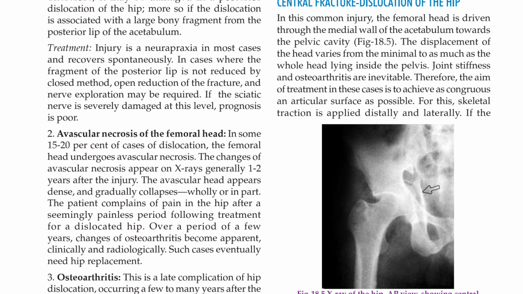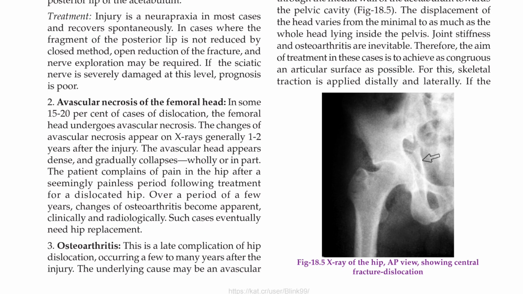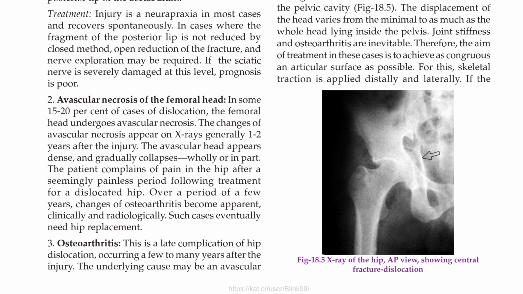Avascular necrosis of femoral head occurs in some 15 to 20% of cases of dislocation, meaning 80% do not get it, 20% do. The femoral head undergoes avascular necrosis. The changes of avascular necrosis appear on X-ray generally 1 to 2 years after injury, not right now. Avascular head appears dense.